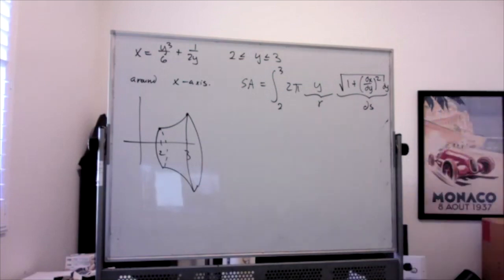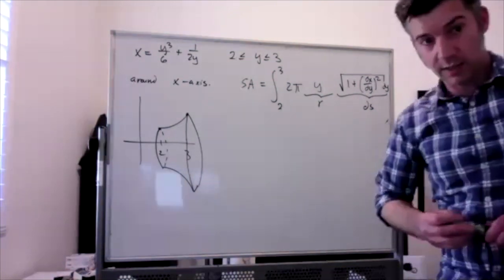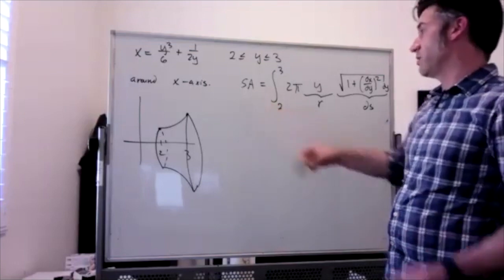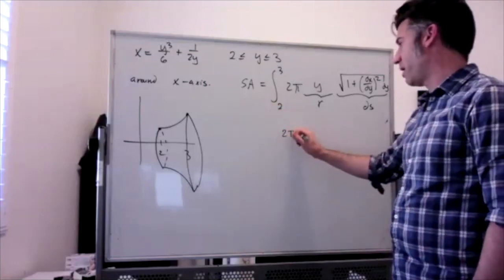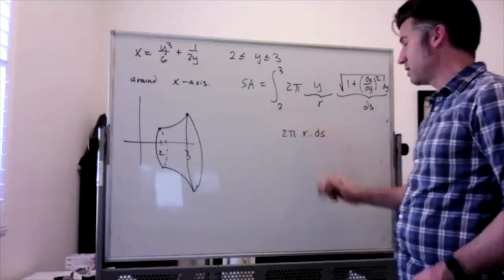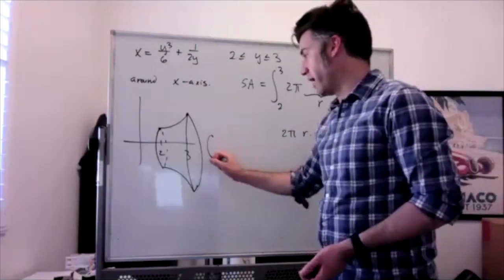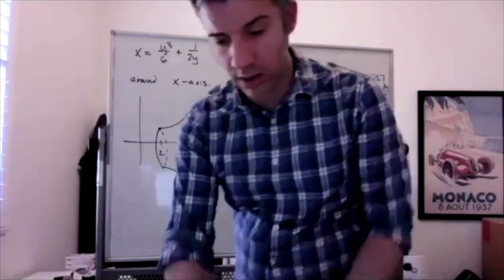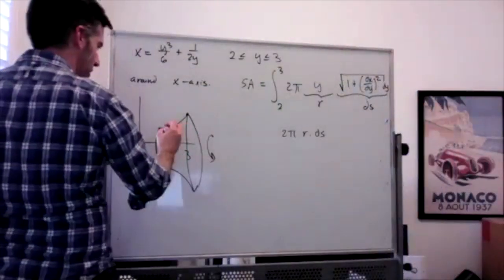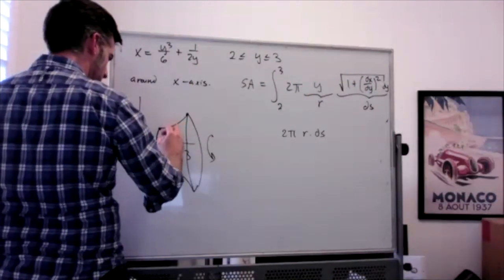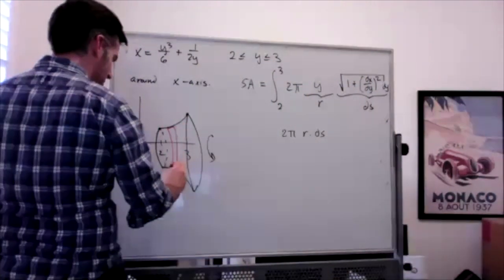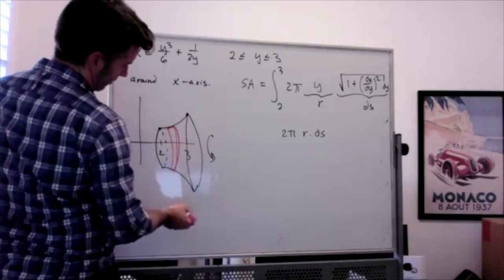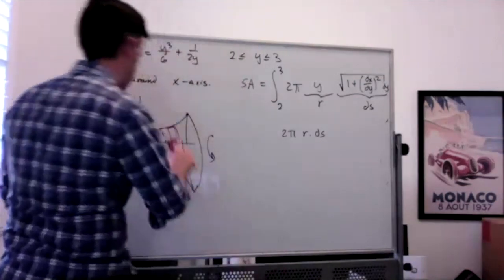Wait, James, could you repeat that once more? Yes. So surface area is the integral of 2 pi r times ds. And since we're going around the x-axis, in fact, let me draw. We're looking at our rubber band, which I've drawn poorly here. Sorry.